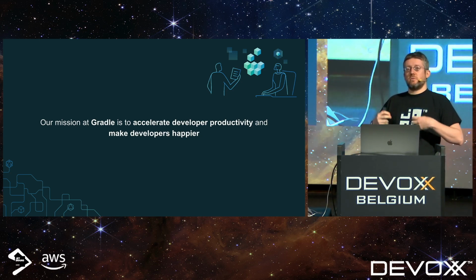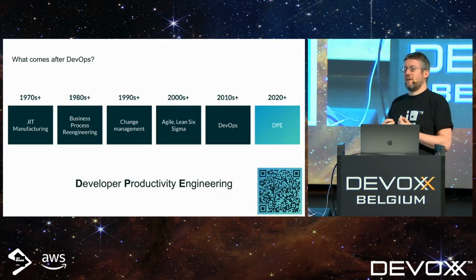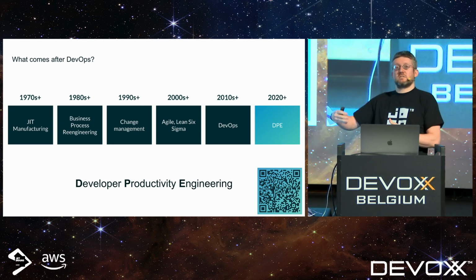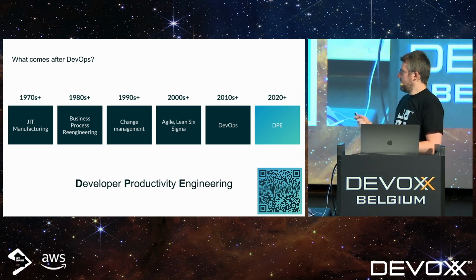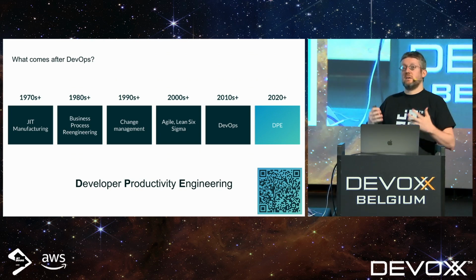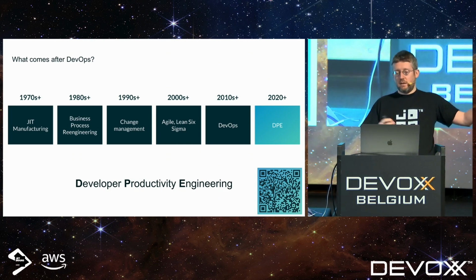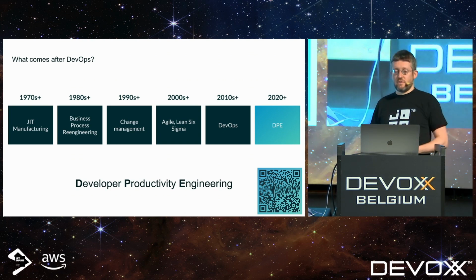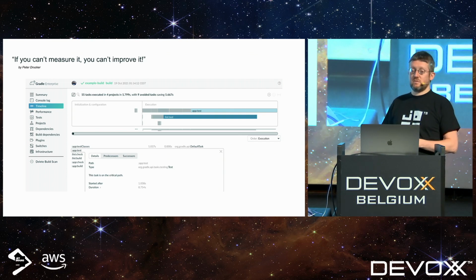At Gradle, we try to help people to be happier, and for that, we provide them some tooling to help to get things done faster. We believe developer productivity engineering is something like DevOps and other trends in our industry, and we invest a lot of time for that. And one of the amazing tools I'm working on is Gradle Enterprise.